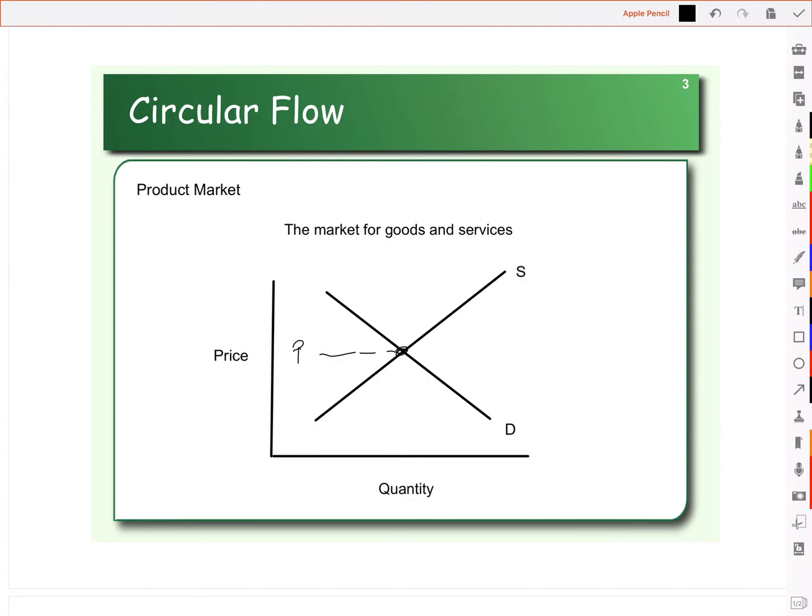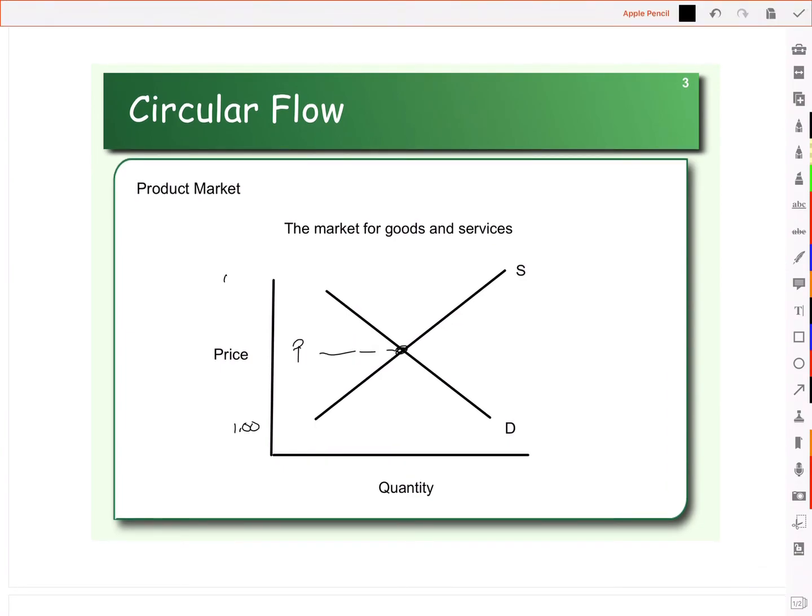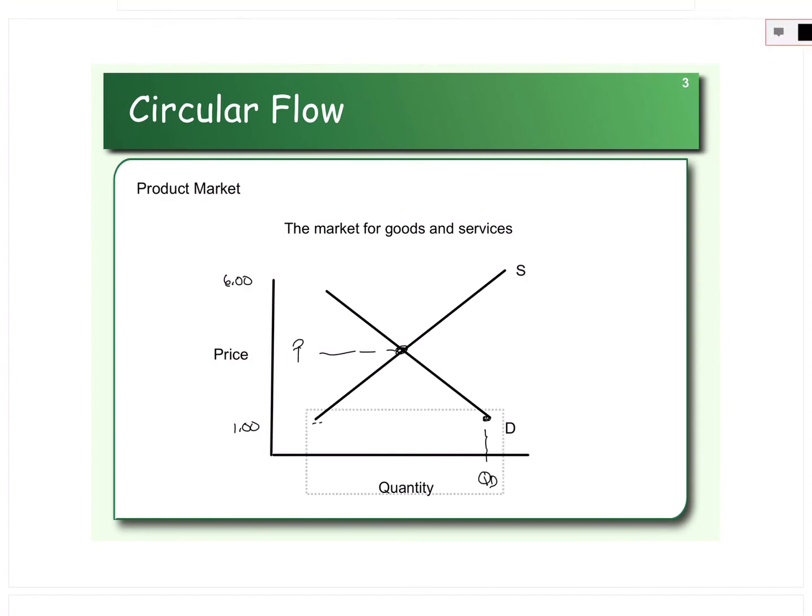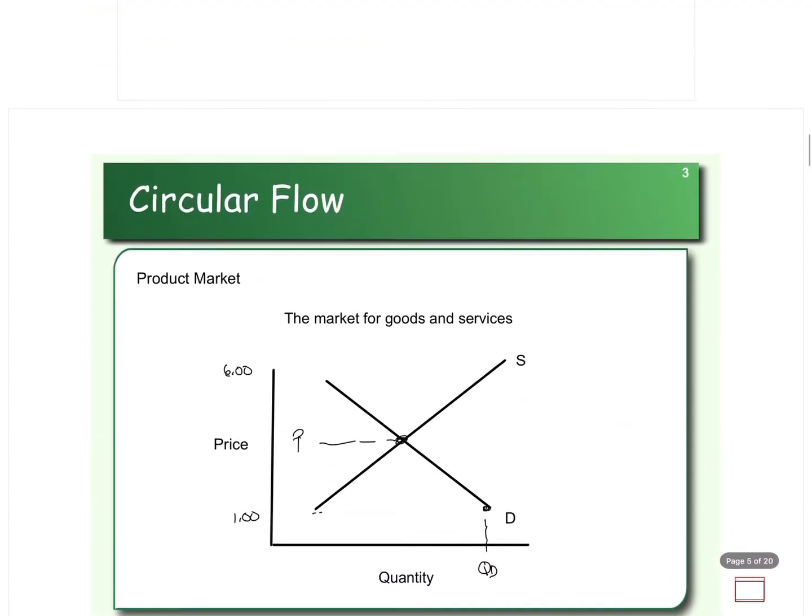So if this is $1 here, and this is $6 here, we can see that at those two extremes, the amount that businesses want to sell doesn't match the amount that customers want to buy. There's a disconnect. So for example, here at $1, this would be our quantity demanded. Oh, my apologies.